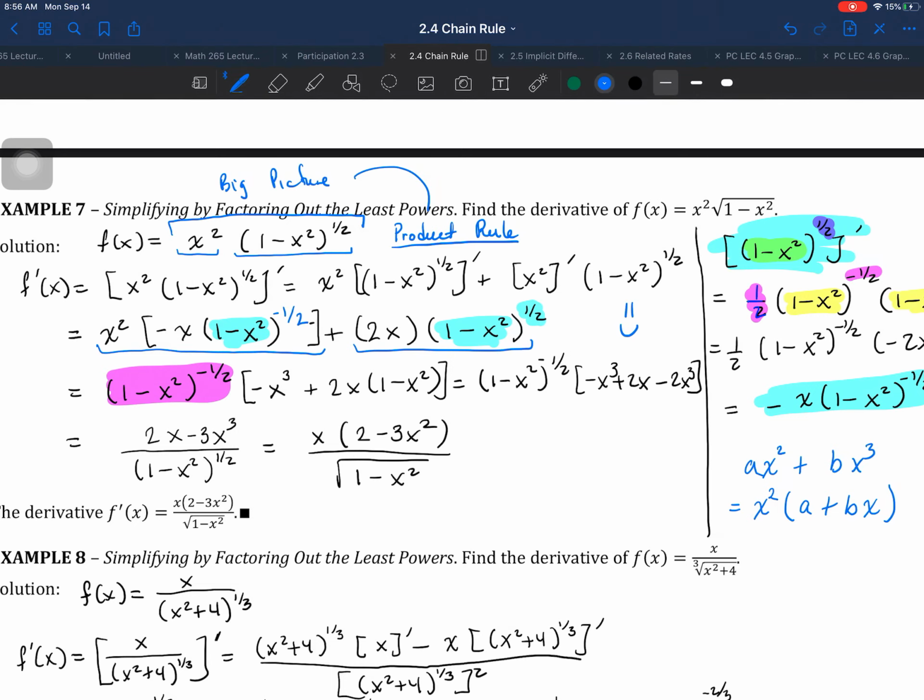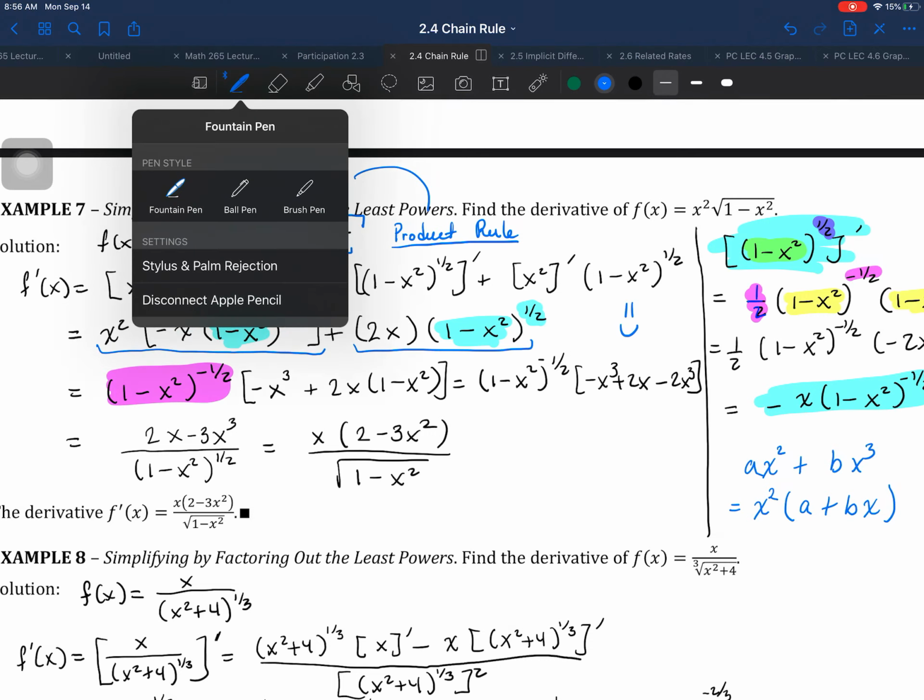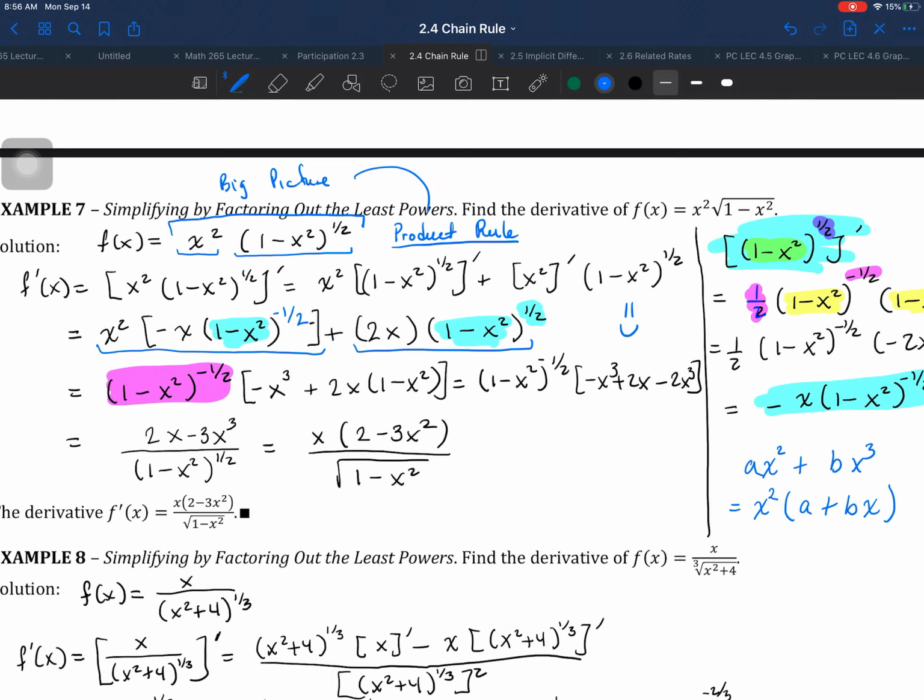If I factor this 1 minus x squared to -1/2, then this goes away. I remove this whole thing from this factor. So what's left behind? This and this, right? Negative x times x squared, which gives you x cubed.